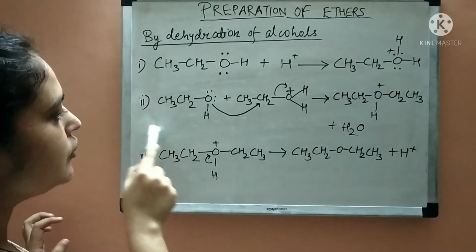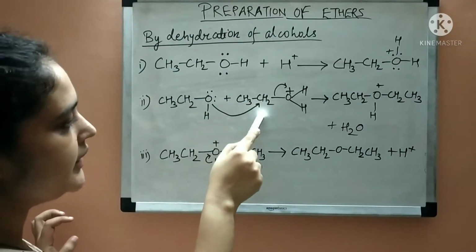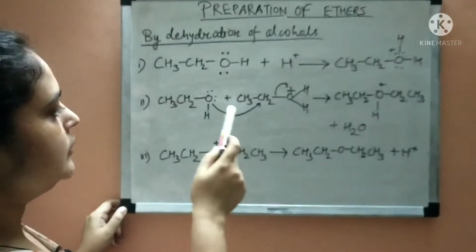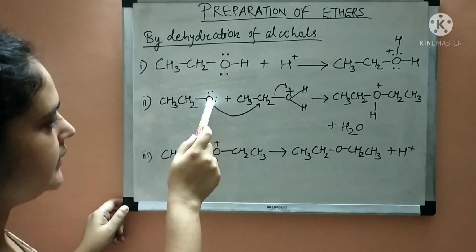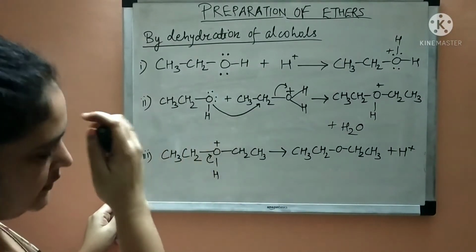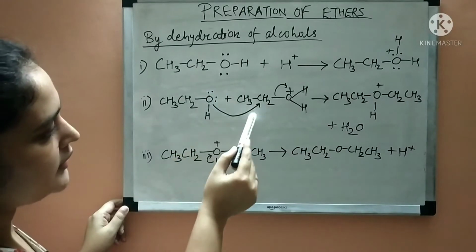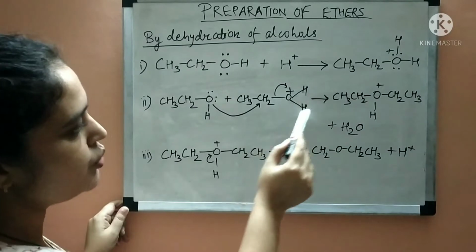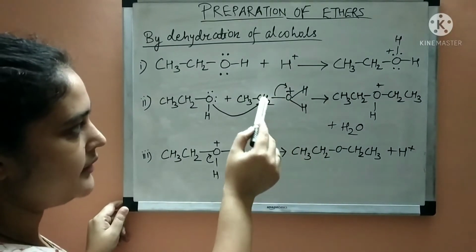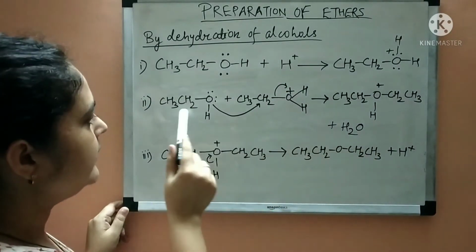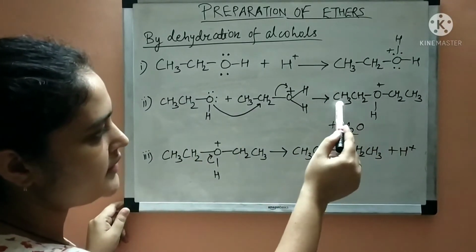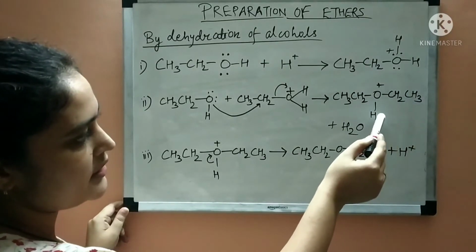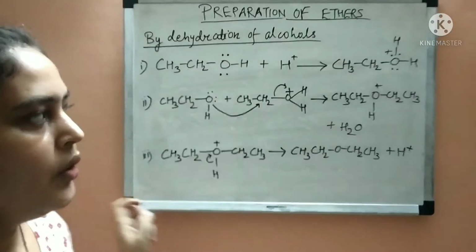So the other alcohol molecule will attack its carbon atom which is attached to the positively charged oxygen atom. Here the oxygen has a lone pair of electrons, so it will attack this carbon atom, and H2O will leave, and we will get this molecule, CH3CH2O positive CH2CH3, and hydrogen is also attached to the oxygen atom.